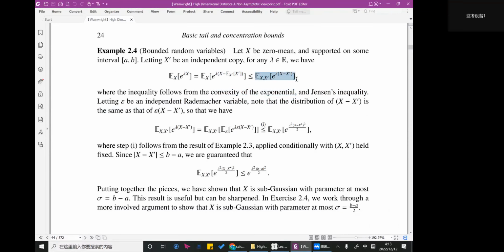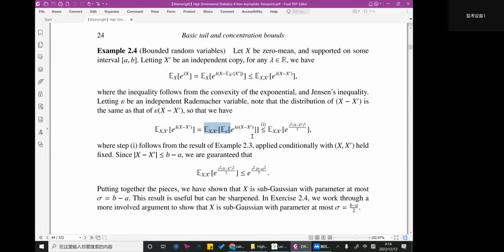And how do we manipulate this term? Since the writer lets another random variable be this Rademacher random variable, as we have talked about in example 2.3, the distribution of this is the same as this, so we incorporate this Rademacher variable. Why do we introduce this Rademacher random variable into the proof of this property of bounded random variables?